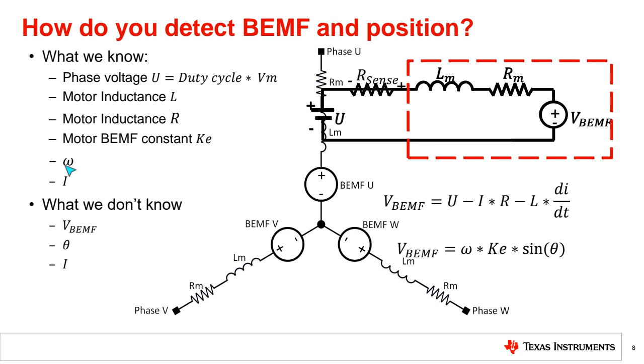Also omega. Omega is the speed of your motor, but this is angular velocity. We have two types of velocity: one of them is angular velocity, one of them is revolutions per minute. Lots of students make the same mistake. Omega is not RPM.